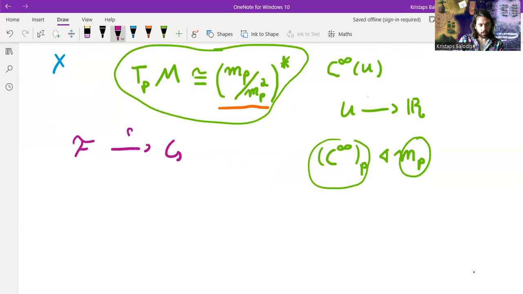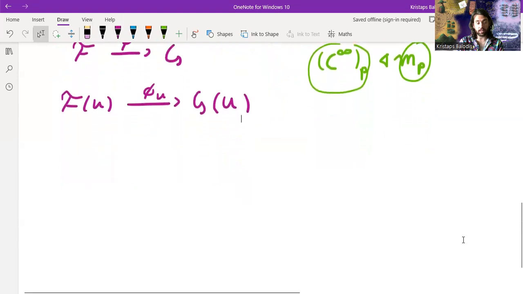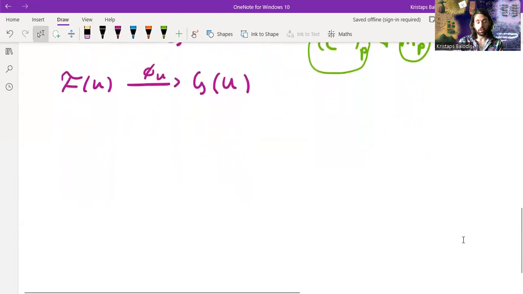Well, if I have some morphism, let's call this phi. So what that says is that, sometimes we write phi sub U, I really have this morphism between these two different sheaves on every open set. It's compatible with restrictions.